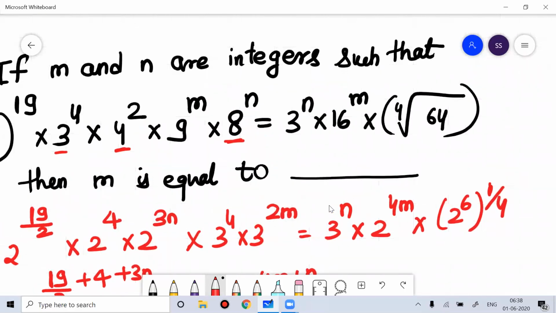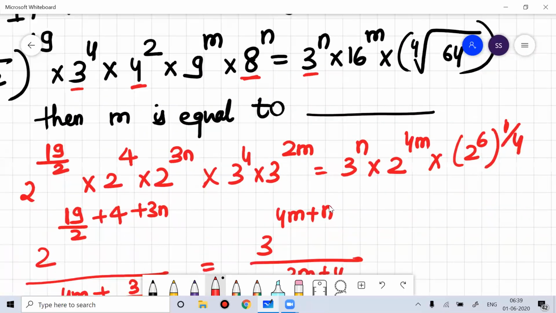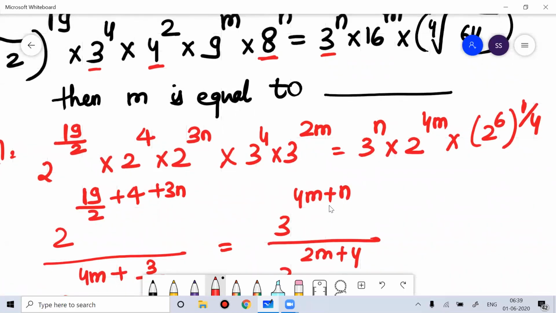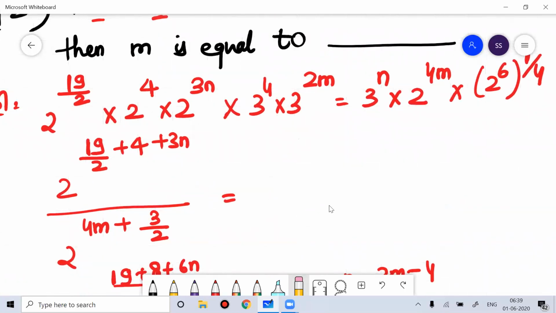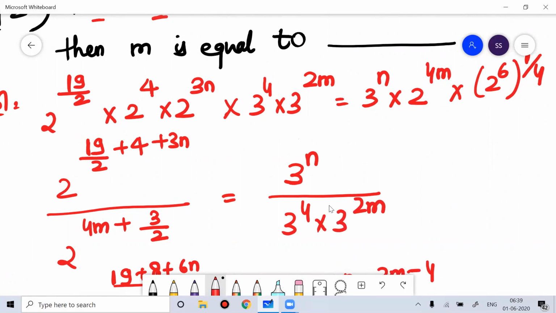Here in the RHS, it is only 3 to the power n. So on the RHS this is 3 to the power n, and here you get 3 to the power 4 into 3 to the power 2.